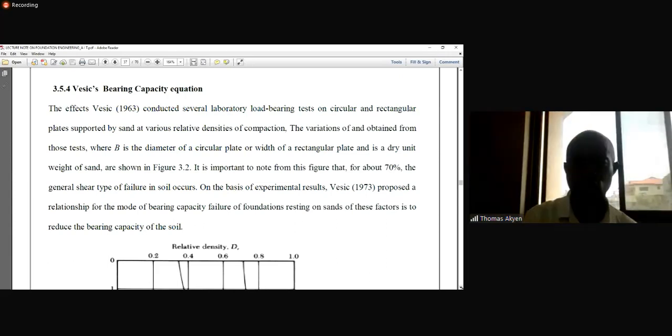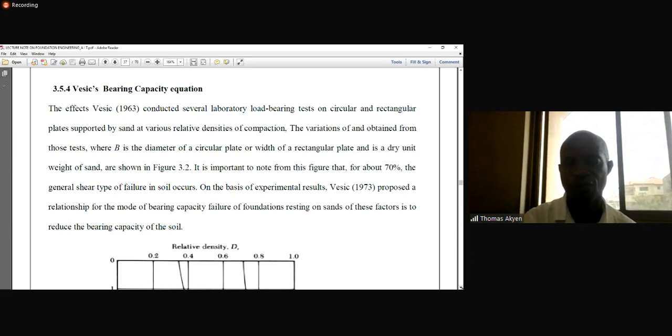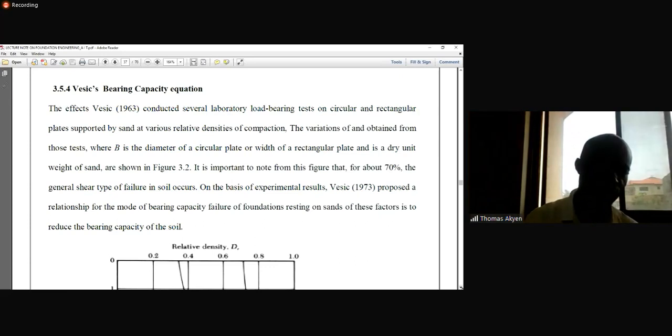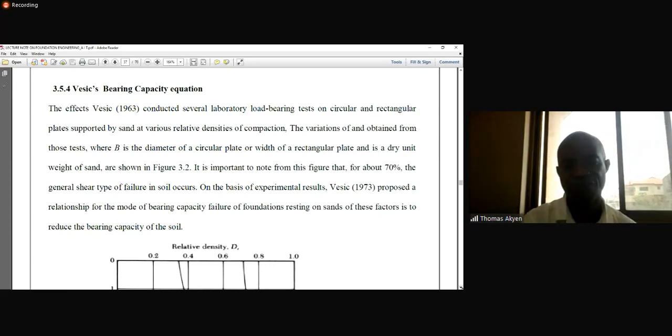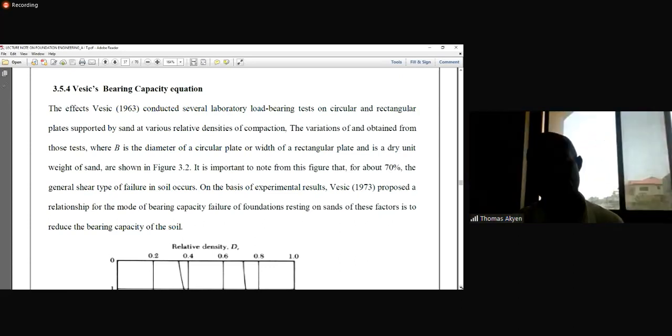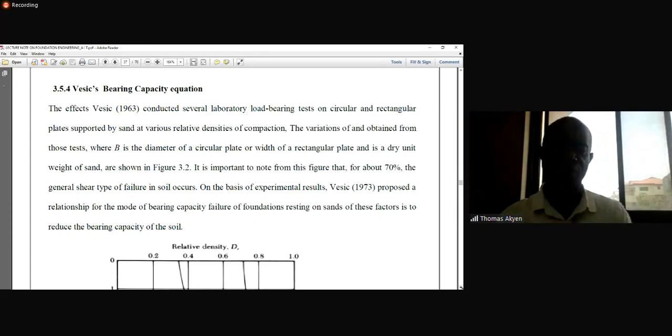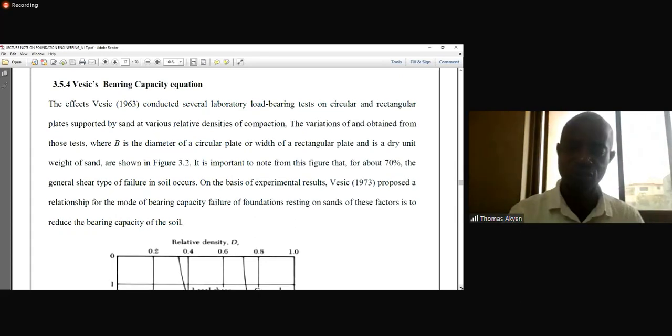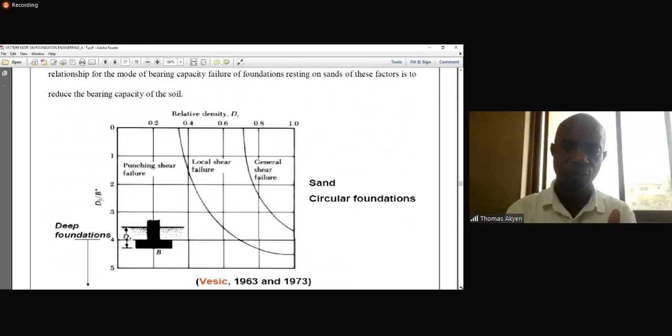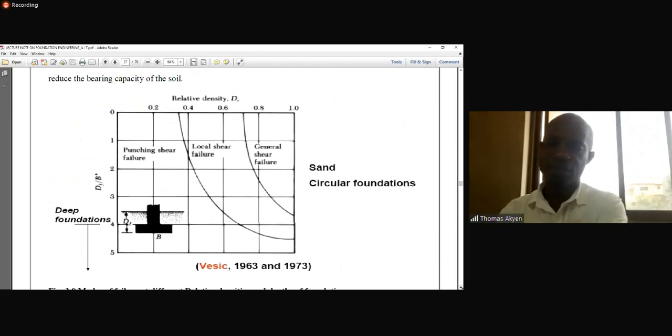It is important to note from this figure that for about 70% relative density, general shear type of failure in soil occurs. On the basis of experimental results, Vesic 1973 proposed a relationship for the mode of bearing capacity failure of foundations resting on sand. The effect of these factors is to reduce the bearing capacity of the soil. So if you look at it, we have the sand here, the circular foundation, and the deep foundation.